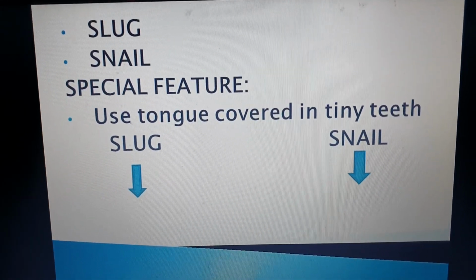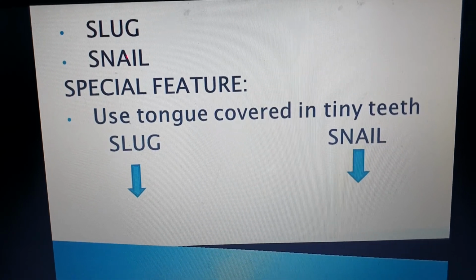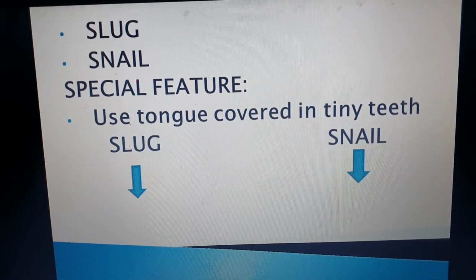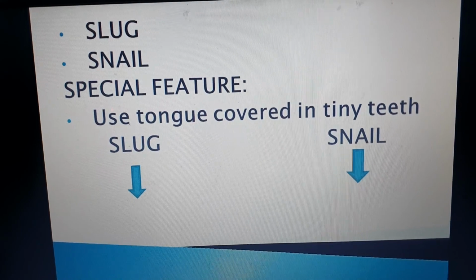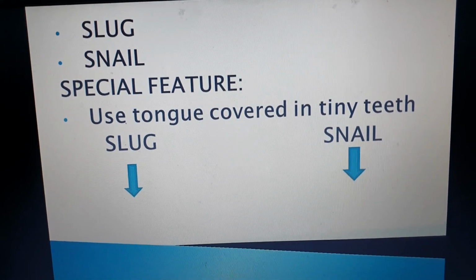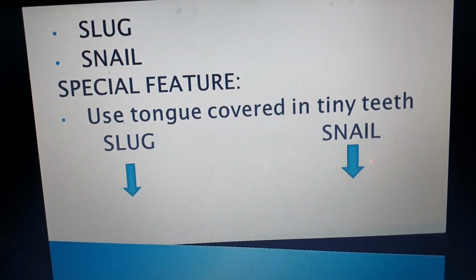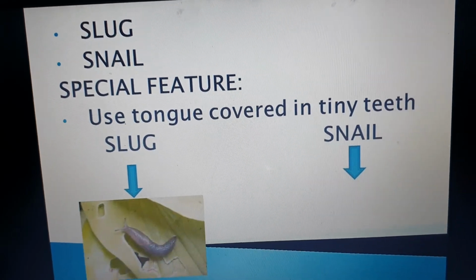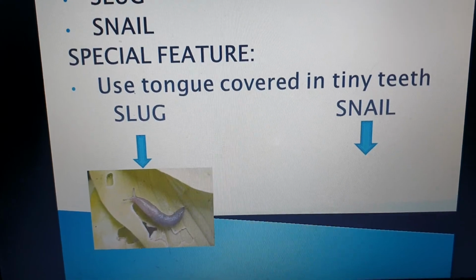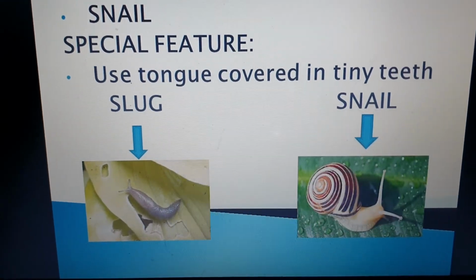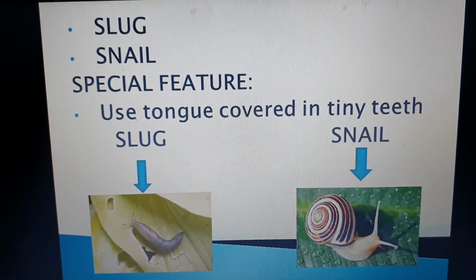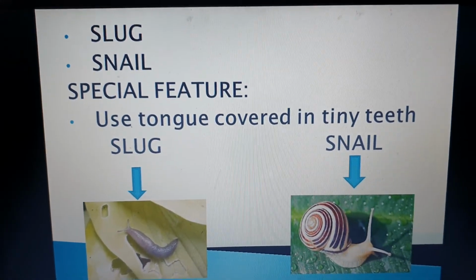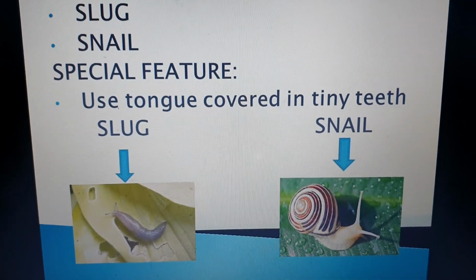Next is the example of a slug and snail. And what is the special feature? They use a tongue that is covered in tiny teeth to grind the plants. The picture I will show you is of a slug. Can you see this one? And snail. So these are the insects who are eating the plants.